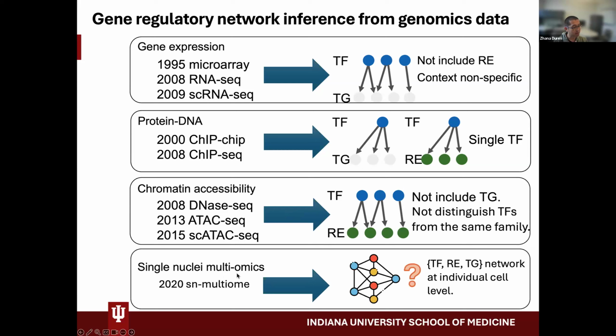Then later we have single-cell multiome, which gives even richer data. It observes both gene expression and ATAC-seq in the same cells. So how to infer this network among the three types of node? It's the problem we're going to introduce later.